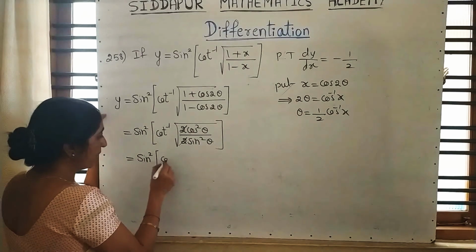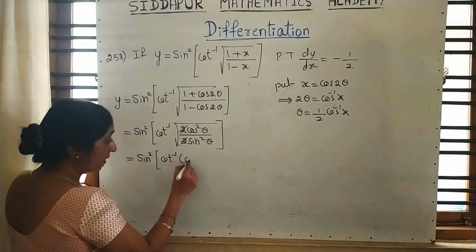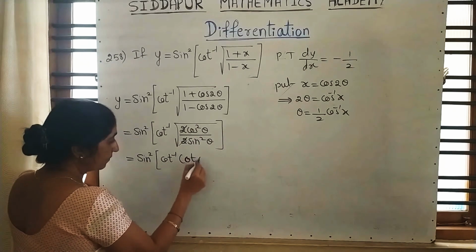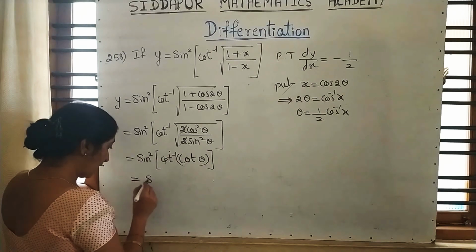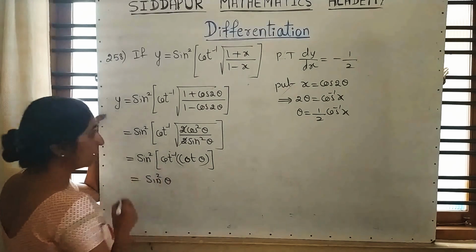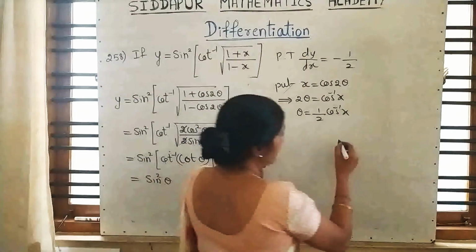Cos square by sin square is cot square. Square root of cot square is cot. And here cot inverse and cot theta get cancelled. Sin square theta.